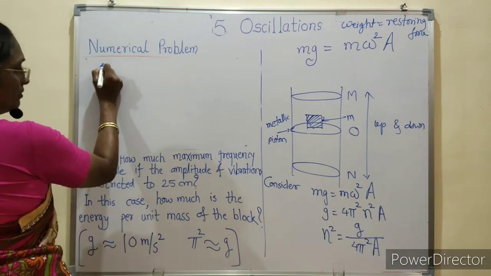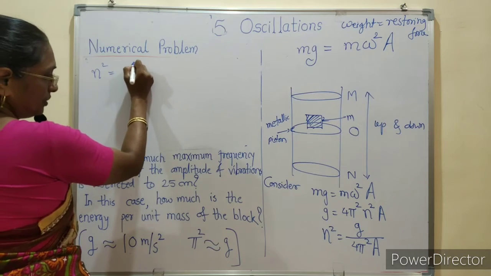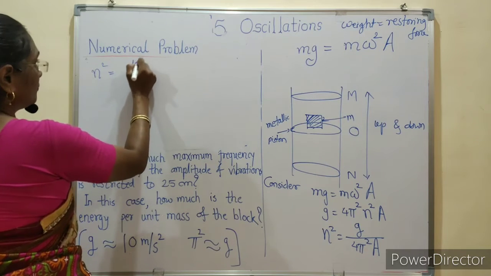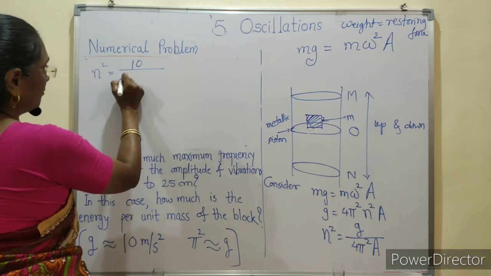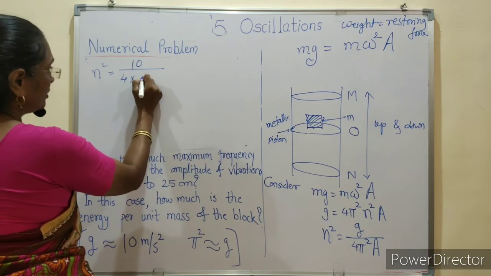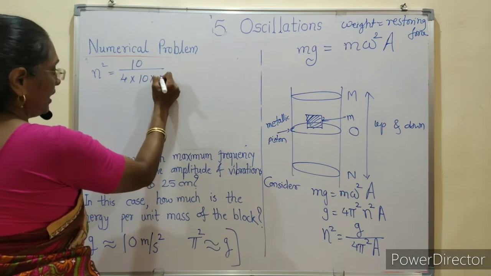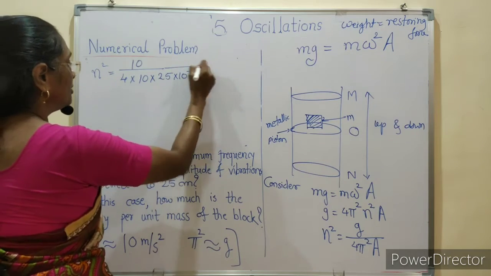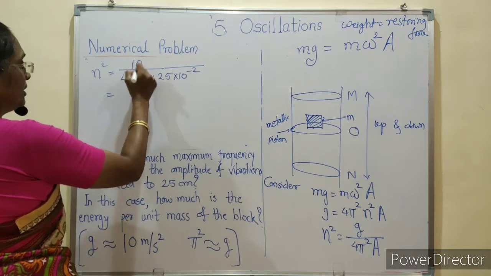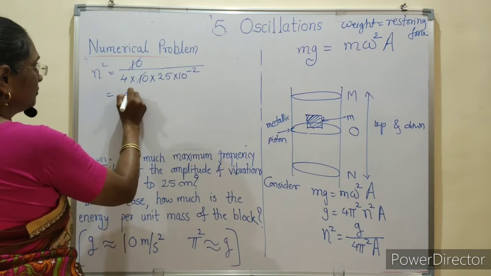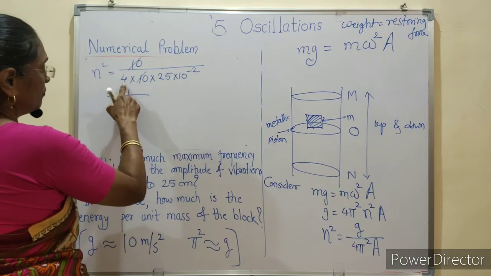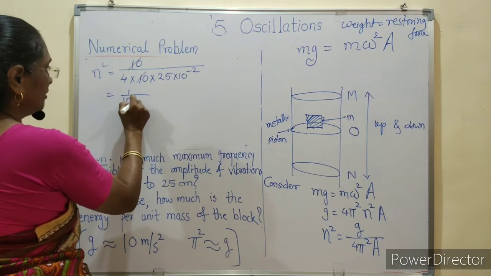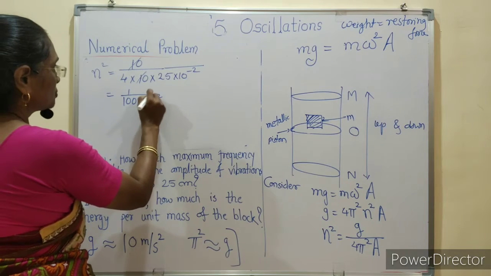n square is equal to g, that can be substituted by 10, 4 into pi square can be substituted as 10, and a is 25 into 10 raised to minus 2 meter. So 10 will get cancelled. Here we get 4 into 25 is 100, 100 into 10 raised to minus 2.